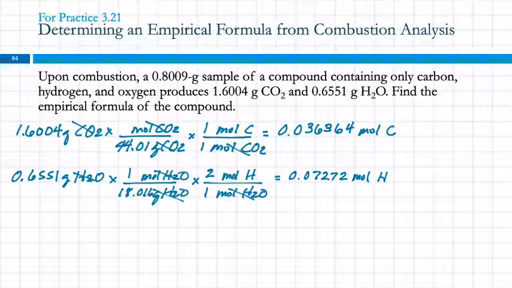So I'm going to go to a different color here. We're going to keep those numbers right there. That's why I wrote them down. But then we also have to convert to grams. Grams of carbon to moles of carbon. So that's 12.01.